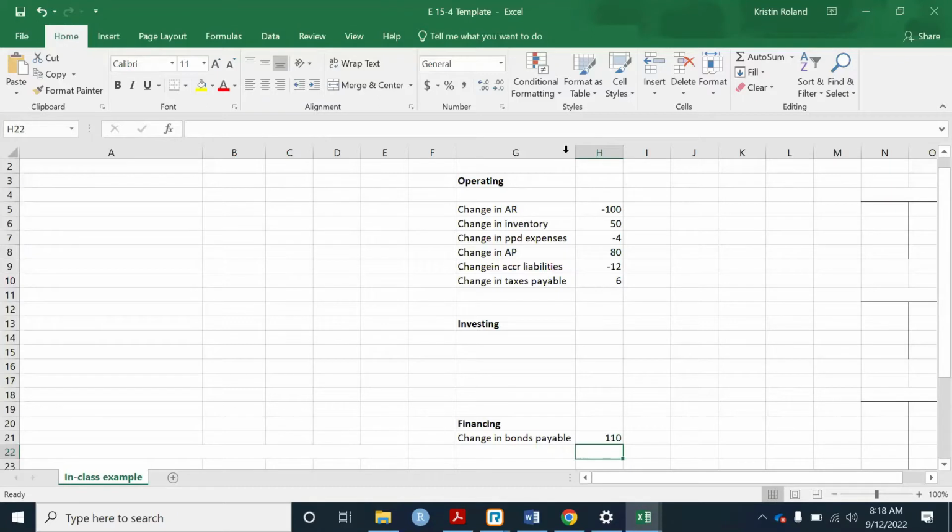So my common stock changed, and I'm going to see if it says anything about common stock. What does it tell me? We repurchase. So is that going to be a positive or a negative? In which section? Good.